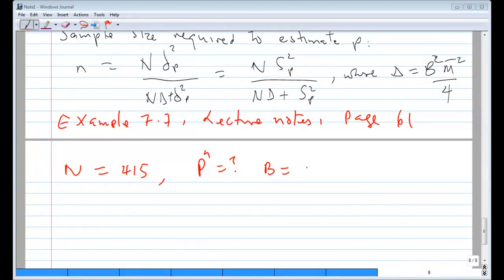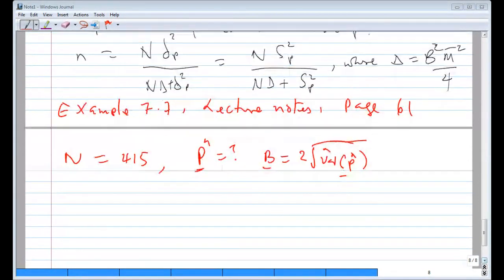As you know, B is equal to what? 2 times the square root of the estimated variance of p-hat. So you have to estimate the population proportion, then estimate the variance of that estimator, and then you conclude by finding the bound. There are 3 things that you have to do.